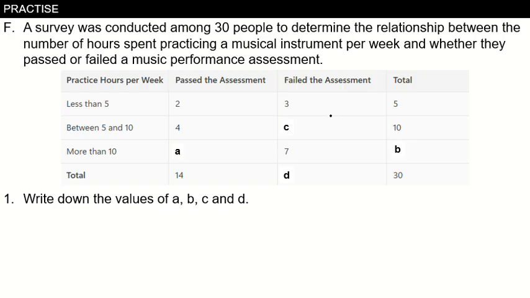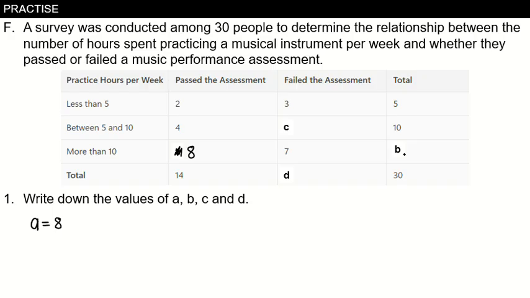So that is how we're going to solve for A, B, and C. We can calculate A by seeing that 2 plus 4 plus A needs to equal the total of 14. So 2 plus 4 is 6, plus what gives me 14? That would be 8. So I can just substitute A with an 8.